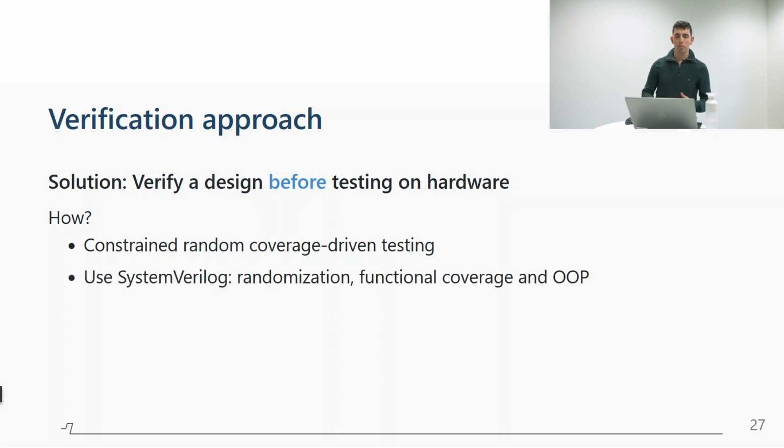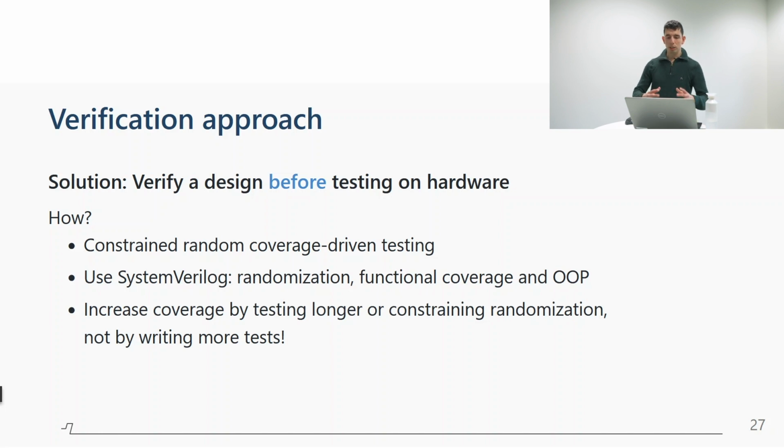To do constrained random testing, we replaced our verification language from VHDL to SystemVerilog. Because SystemVerilog provides randomization and constraining this randomization. It provides keeping track of your functional coverage by making use of cover groups and cover points. And it provides the more software concept, object-oriented programming, which is very convenient when writing test benches.